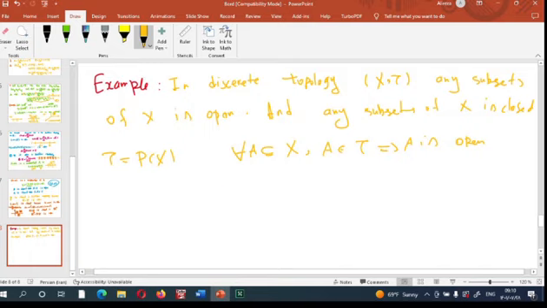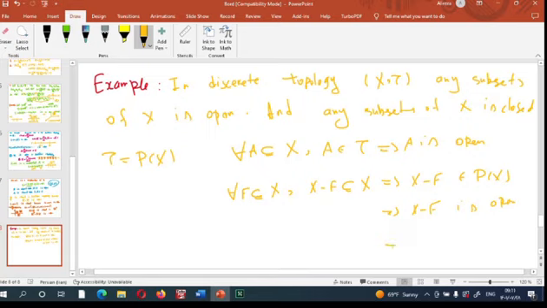And also for any subset of X, its complement is a subset of X, so its complement belongs to P of X, so its complement is open, any element of our topology is open.